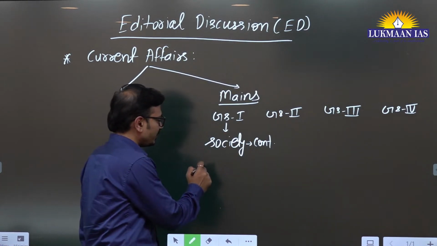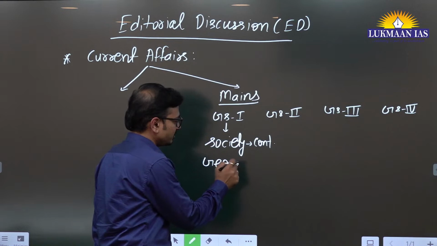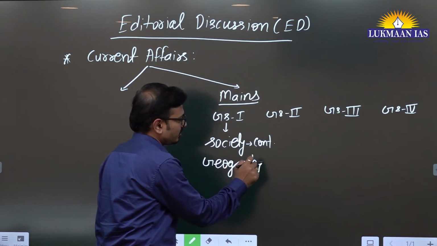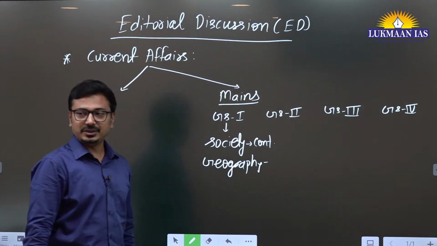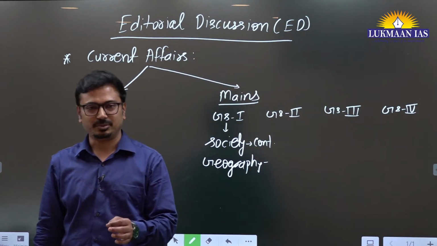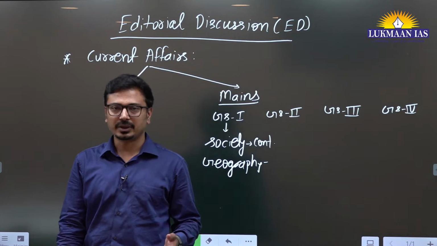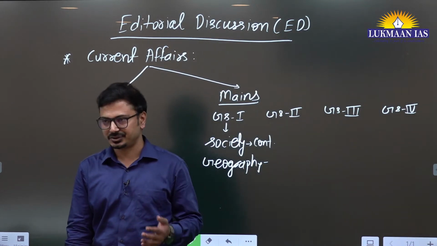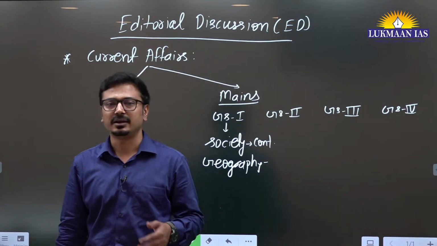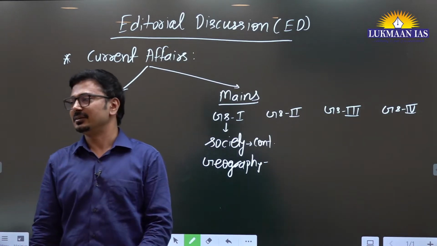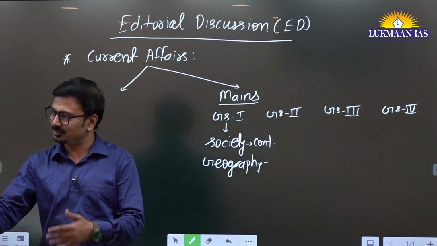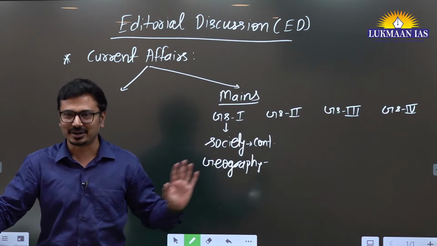Then there is geography, with major weightage, 100 marks out of 250. Now within geography there are certain syllabus topics which are largely static, like physical geography. Even the distribution of resources is largely static unless they are asking about things like critical minerals. Now that is a current or contemporary development.